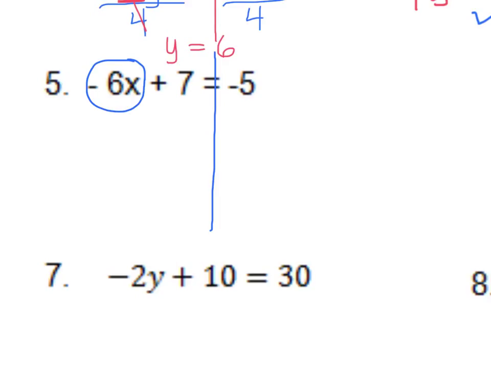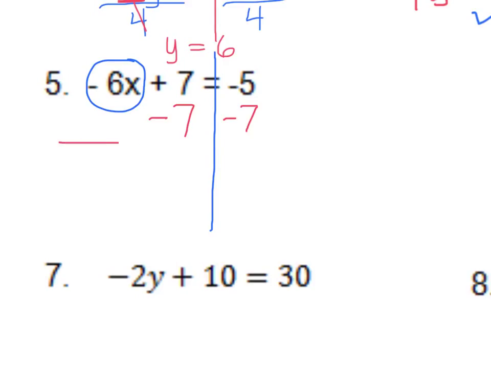Right now I'm adding 7. So the inverse operation of addition is subtraction. So I'm going to subtract 7. If I do it on one side of the line, I must do it on the other side of the line. 7 is a like term to 5, so I'm okay putting it right under it.